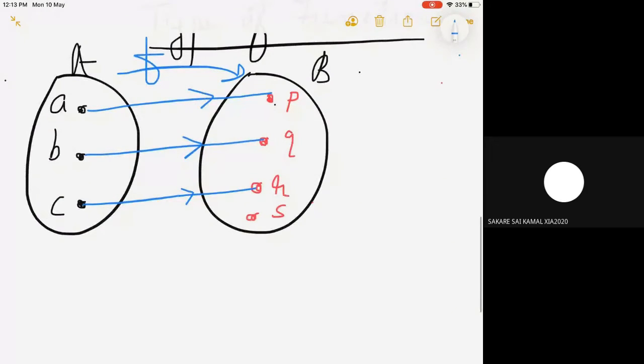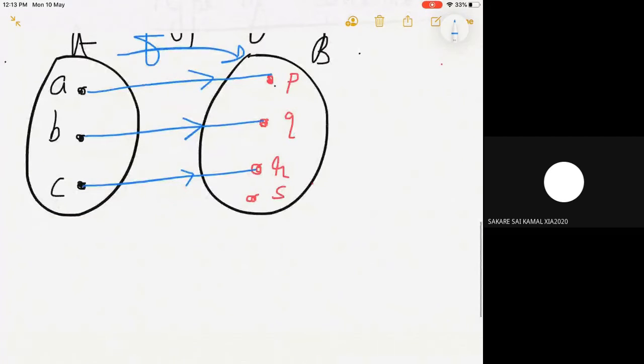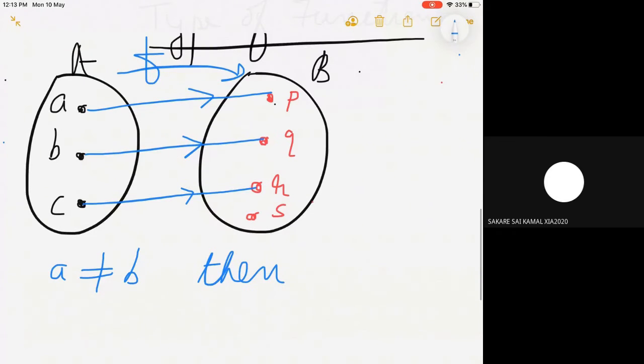Now, what is the speciality of this function? A has got only one image P, and when A is different from B, we have got different images. That is, if you say A not equal to B, then their images are also different. And how do we denote the image of A?